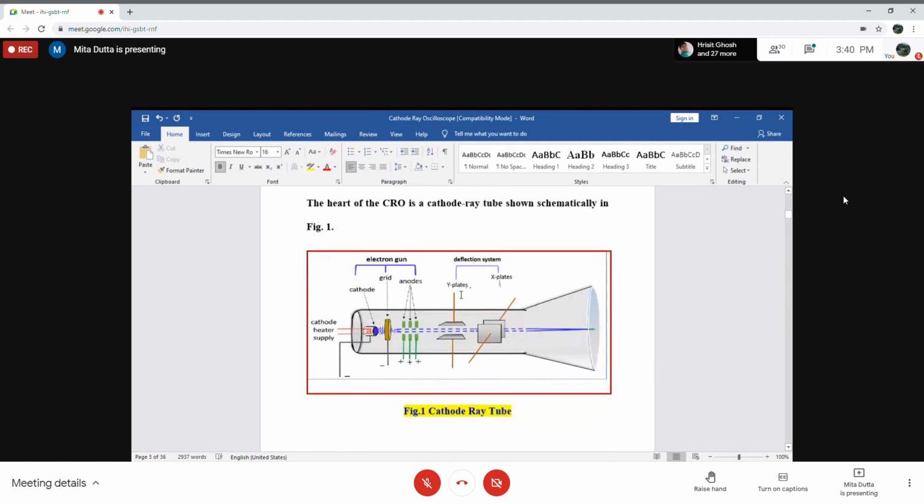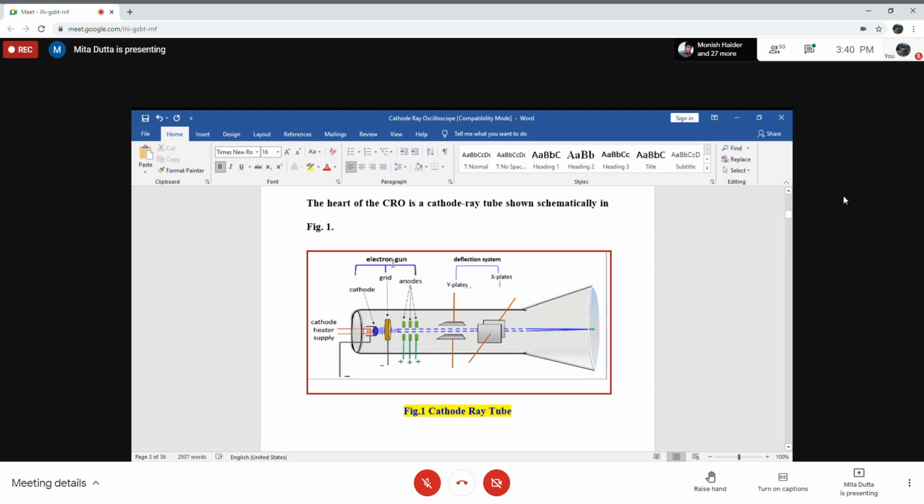The heart of the oscilloscope is the cathode ray tube. From the diagram, we have an electron gun and deflection system on the left-hand side of the tube, and on the right-hand side we have a fluorescent screen.